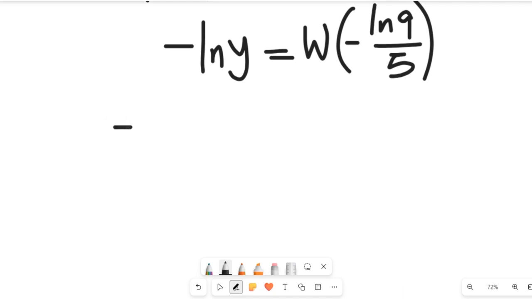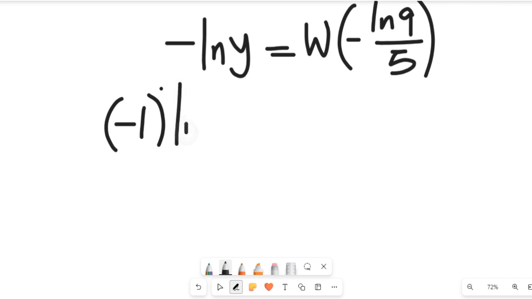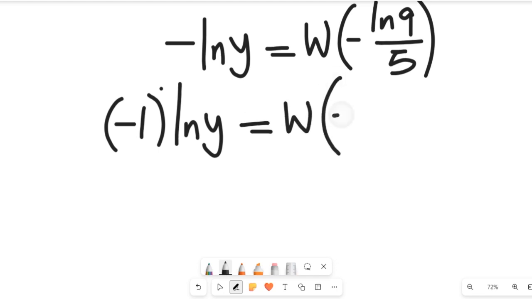So what do we do from here? Remember, I can simply write this to be minus 1 multiplied by the natural log of y, right? I didn't change anything, and this will be equal to W multiplied by the negative natural log of 9 divided by 5.